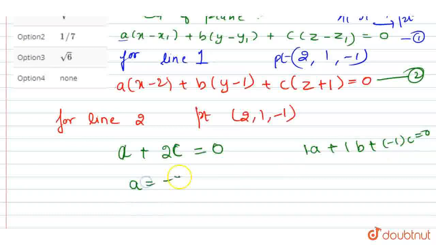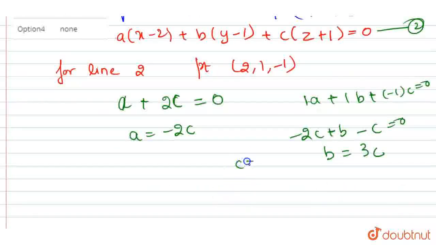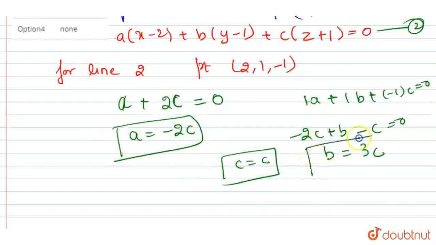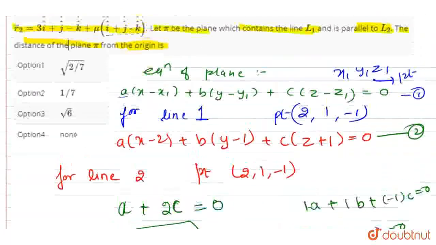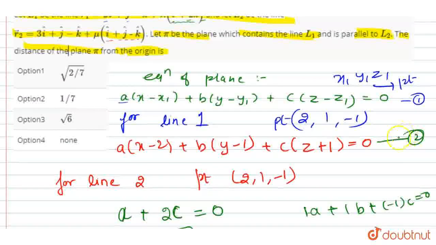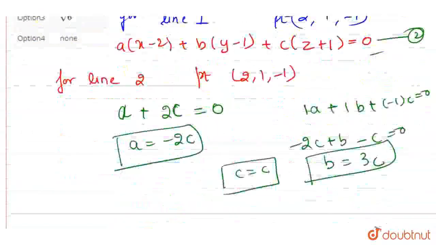From here we can say our a is equal to -2c, and putting this -2c in this equation we get a - c equal to 0, and this will give us b equal to 3c, and c is already c. So we have our direction ratios as this. Now we will substitute these values in equation 2.